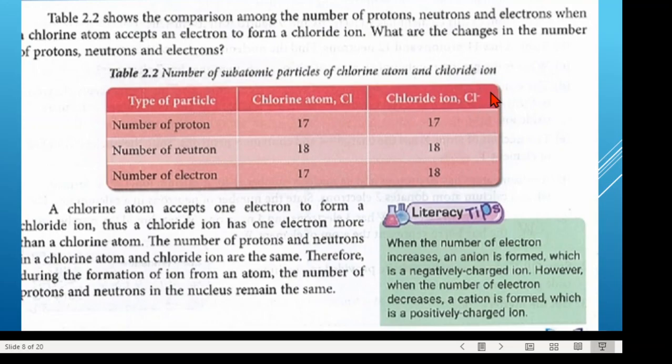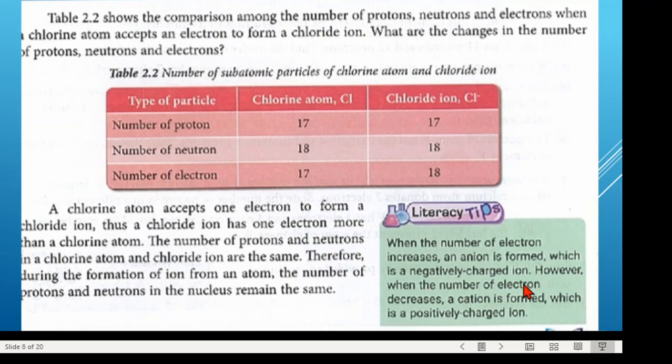So, that is why the charge here is negative 1. But we do not write negative 1, negative only. Okay? When the number of electron increases, an anion is formed. What is anion? Anion means negative charge. Negative charge.